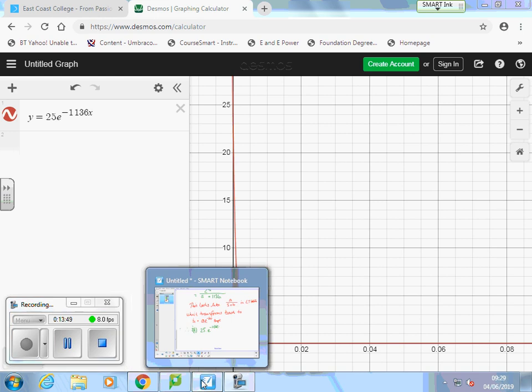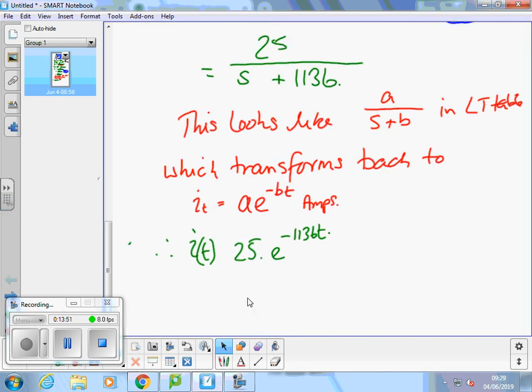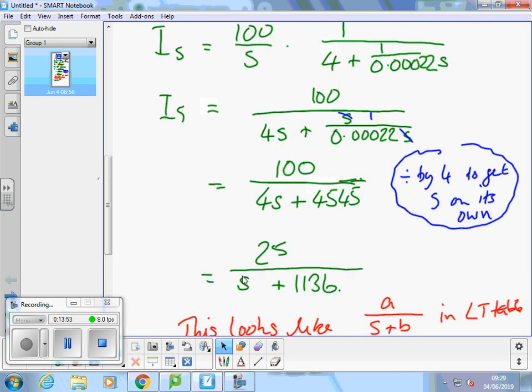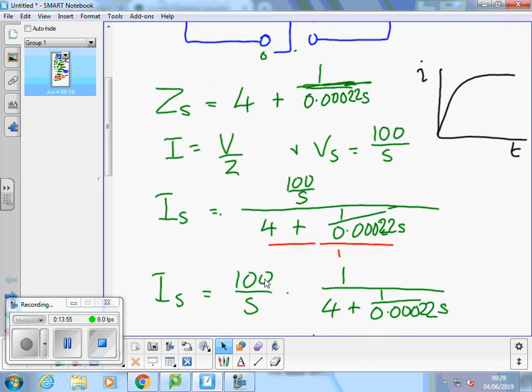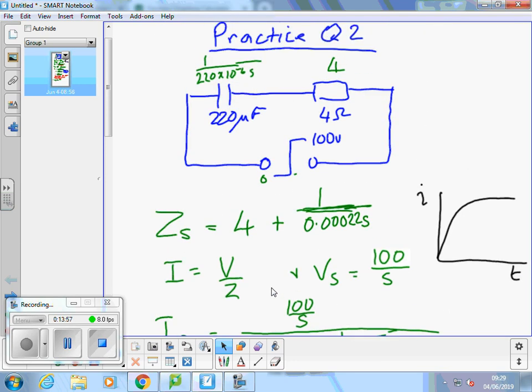Just go back to here and look at the circuit. Can we explain that? Right. At time t equal to 0, what's the voltage across the capacitor? 0. Therefore, according to Kirchhoff's voltage law, what's the voltage across the resistor?